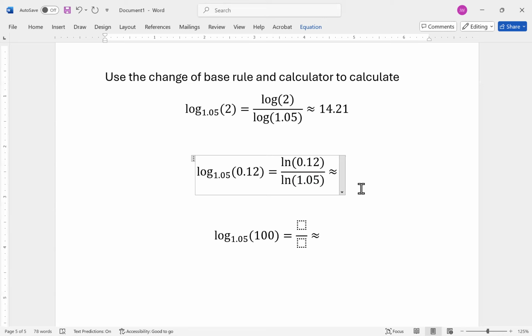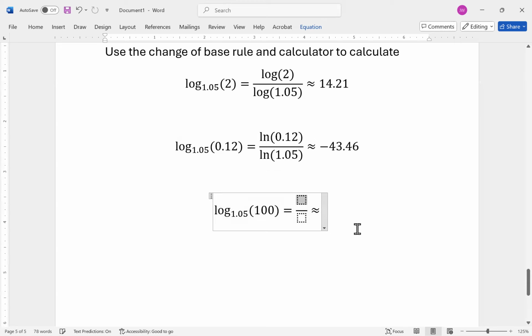And when I do that, I get a negative 43.46. That's rounded to 2 decimal places. Again, that means 1.05 to that negative 43.46 power gives you about 0.12.